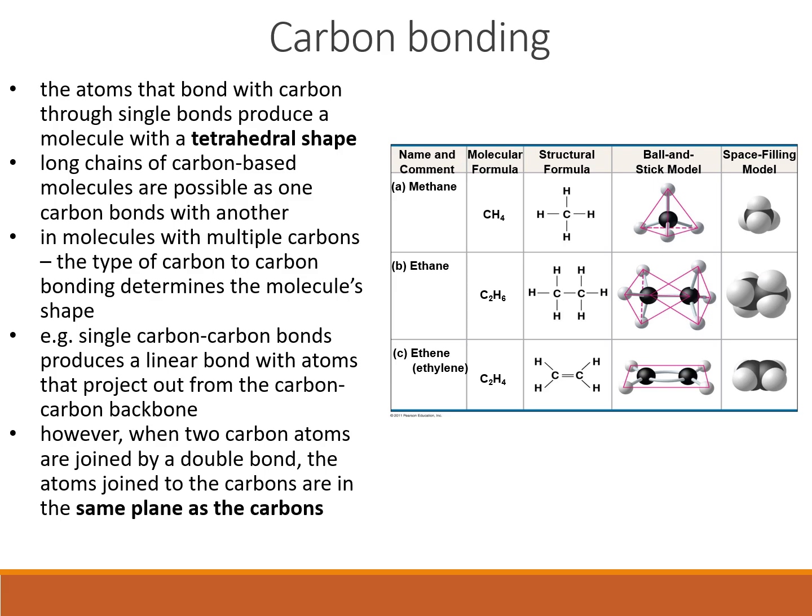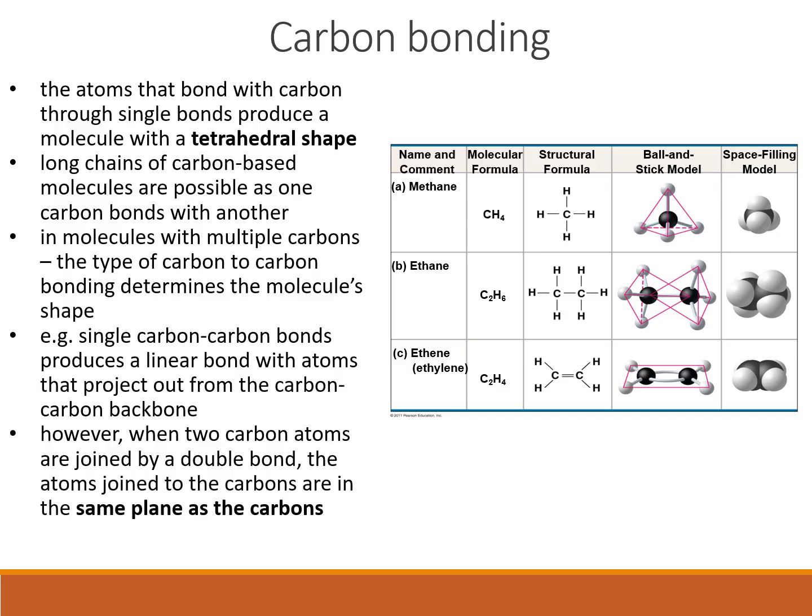Long chains of carbon-based molecules become possible when you string one carbon to a neighboring carbon to a neighboring carbon to a neighboring carbon. In molecules with multiple carbons, the type of carbon-to-carbon bonding is really important in determining the molecule's shape. This is because single carbon-carbon bonds tend to produce a linear bond.